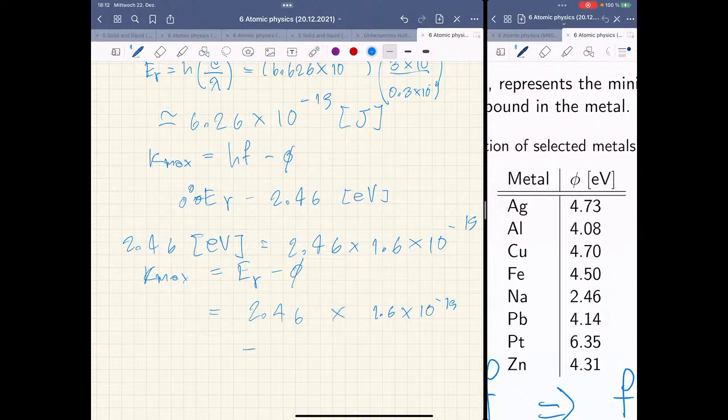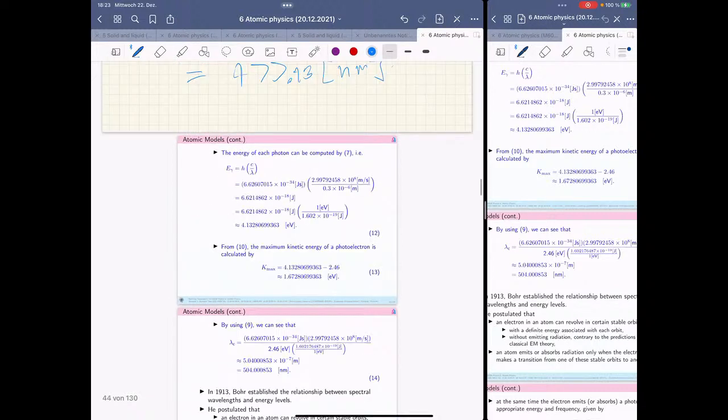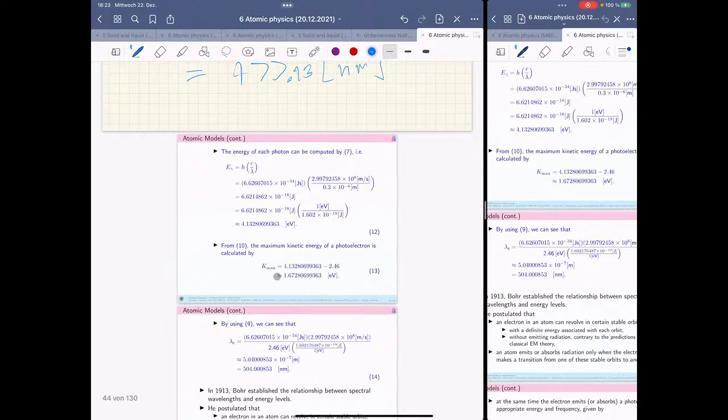And you have seen the atomic models, right, by Rutherford, and Planck and Einstein have developed the energy of the photon, right? The relation of energy to photon is called the Planck-Einstein relation.